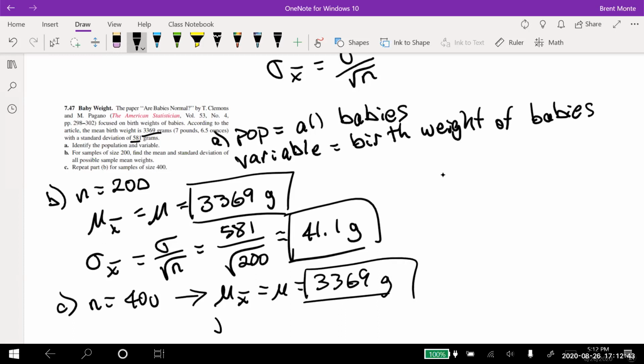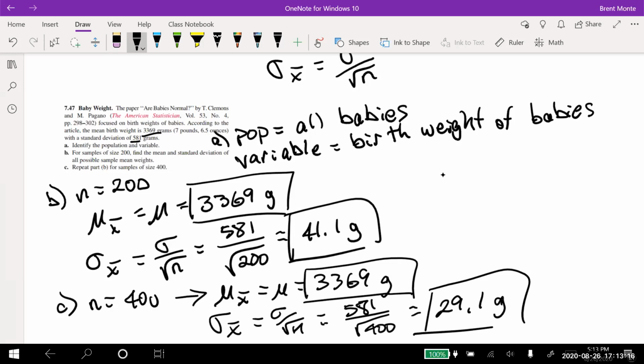But the standard deviation of x bar, standard deviation over square root of n, now becomes 581 divided by the square root of 400. And so now if I do this, 581 divided by the square root of 400 is 29.05 or 29.1 if we round off.